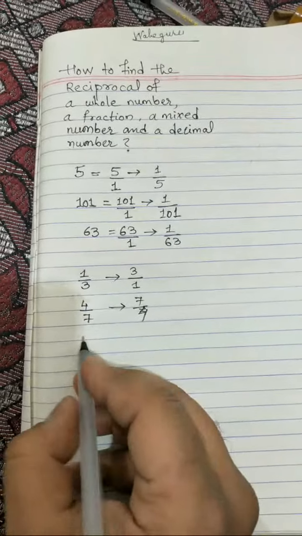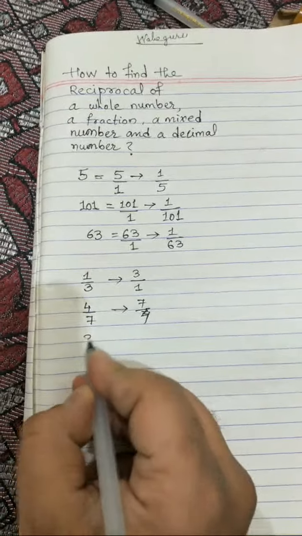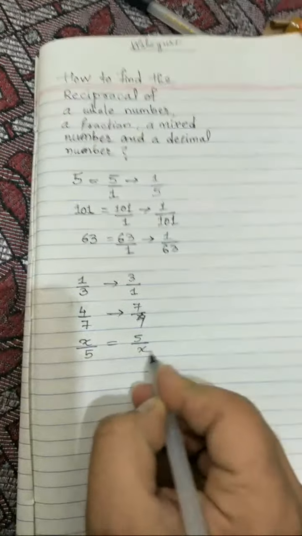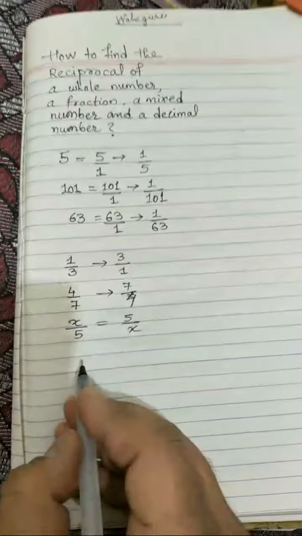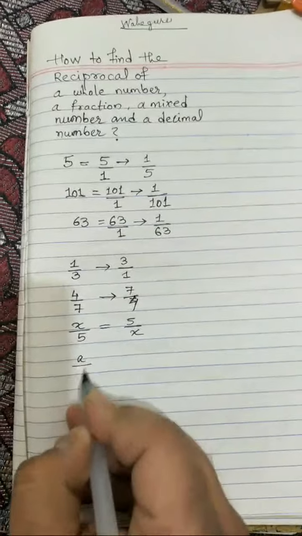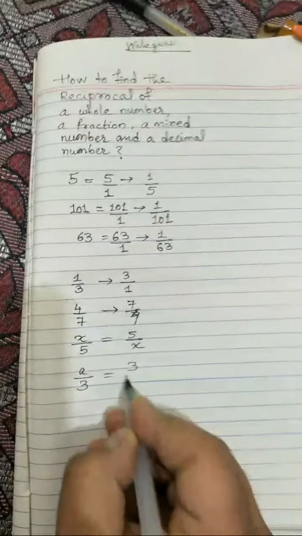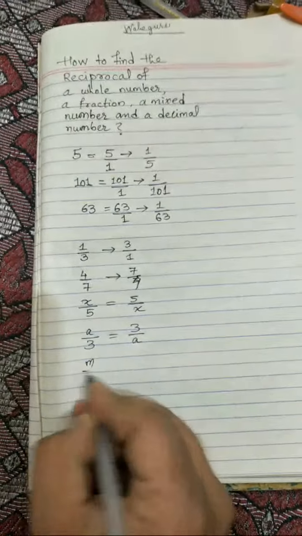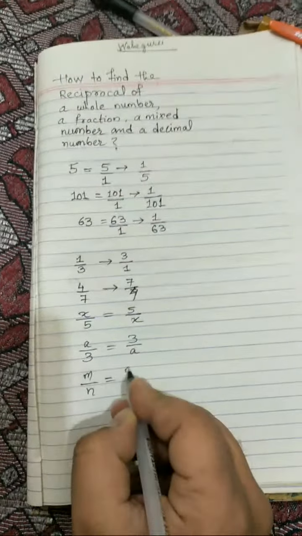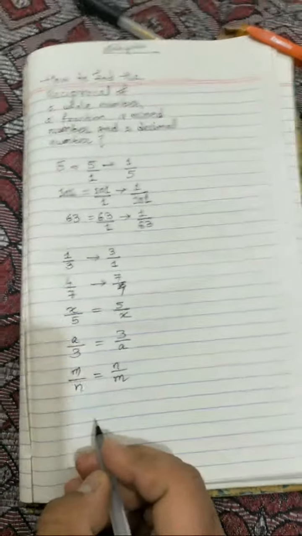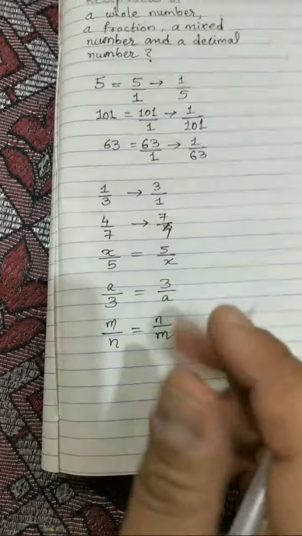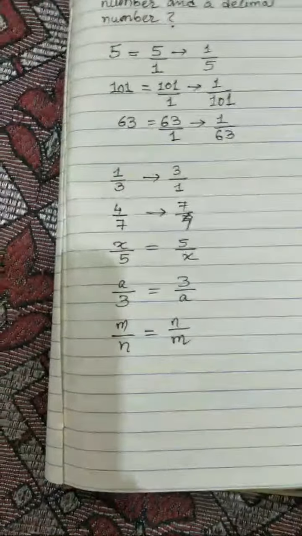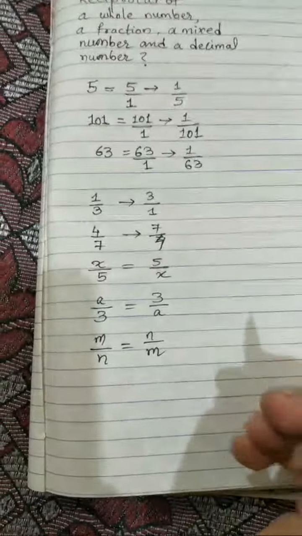Or suppose you need to find the reciprocal of x by 5, so it is 5 by x. Or a by 3, it is 3 by a. If it is m by n, then it is n by m. So reciprocal means to flip the number, to make the numerator the denominator and the denominator the numerator.